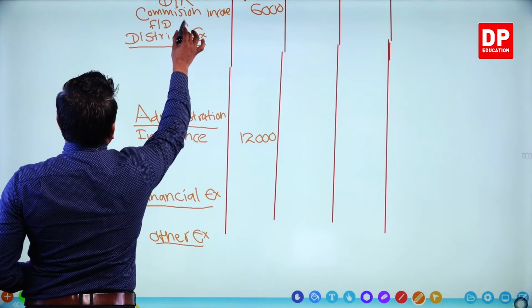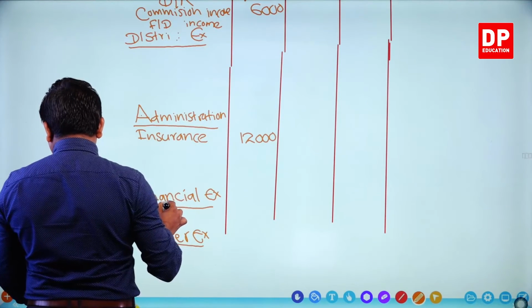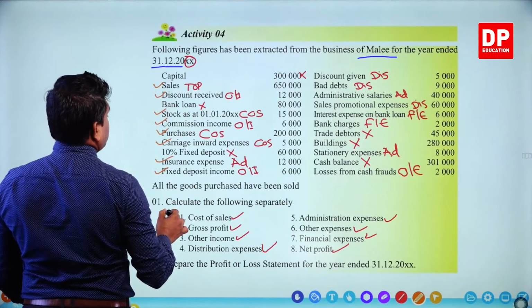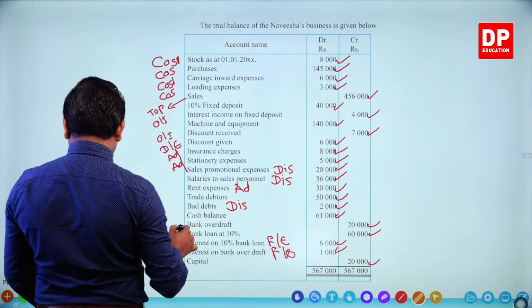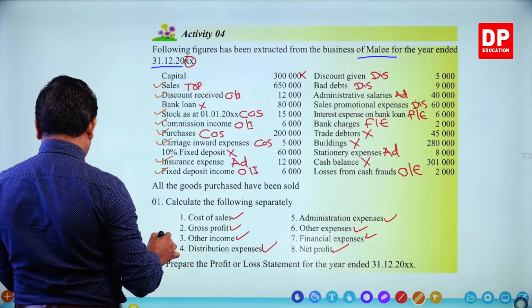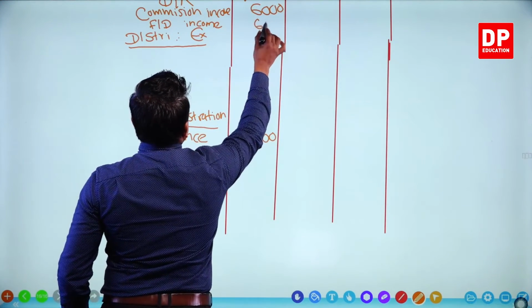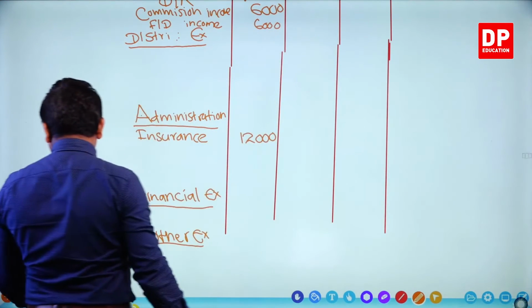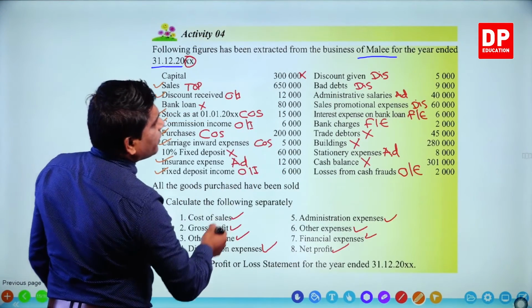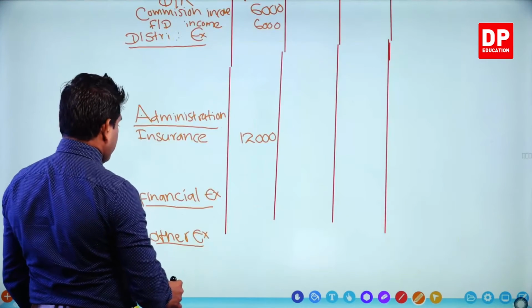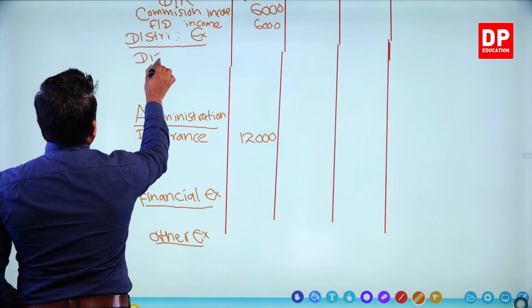FD means fixed deposit income. See the value, 6,000. Here you put it. Then discount given 5,000.